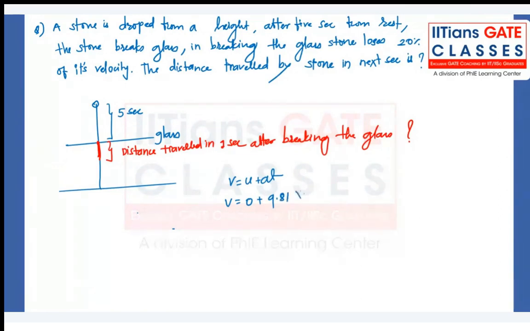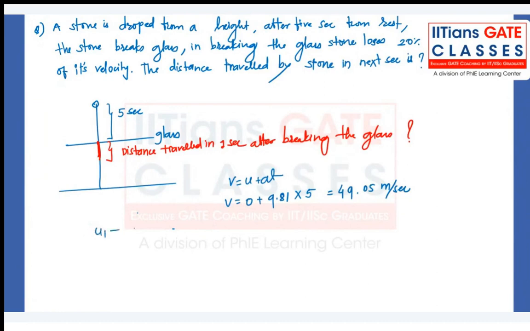Okay. So how much is it? 49 point something, maybe 49.05 meters per second. Yeah. Okay. This is the velocity. And what will be the velocity just after breaking the glass? Let's call it u1.